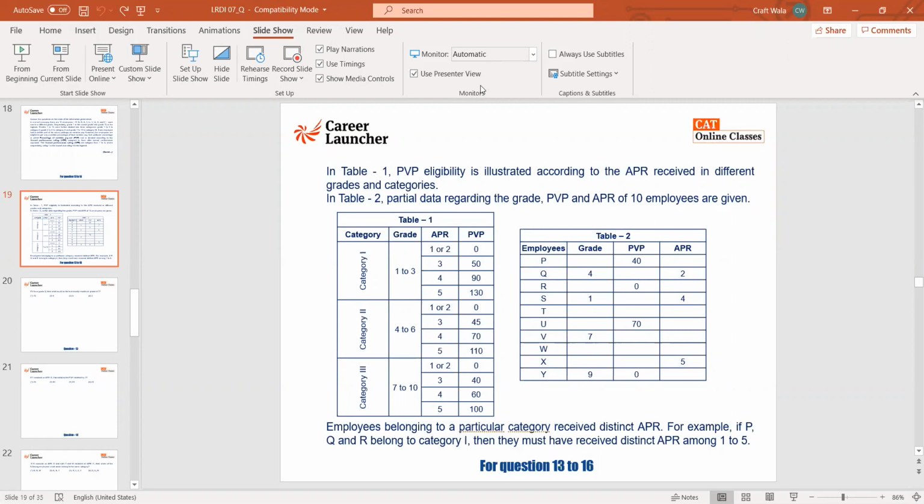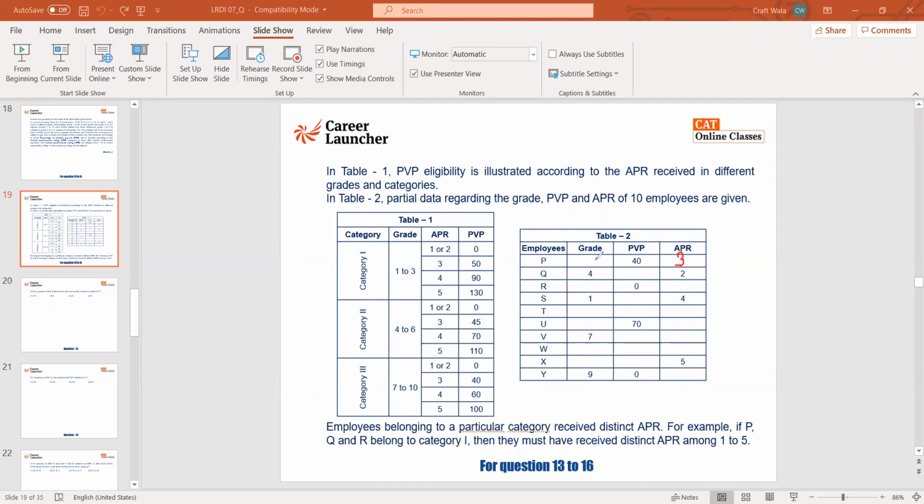Let's try to see if we can fill anything in the table right now. So somebody got a PVP of 40% variable pay. 40% variable pay you get only if your APR is 3. So I can say this person's APR is 3, so I'll write here 3.